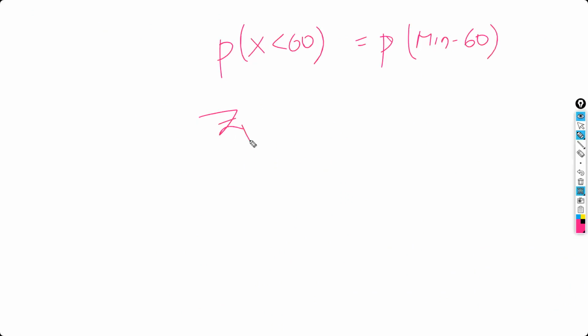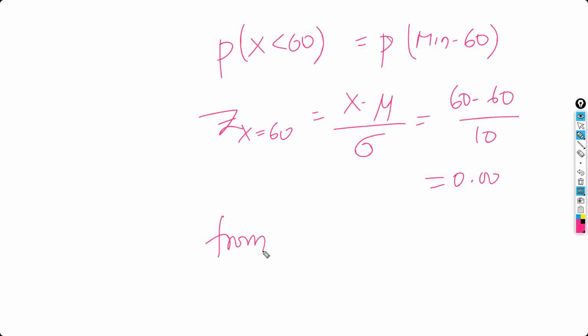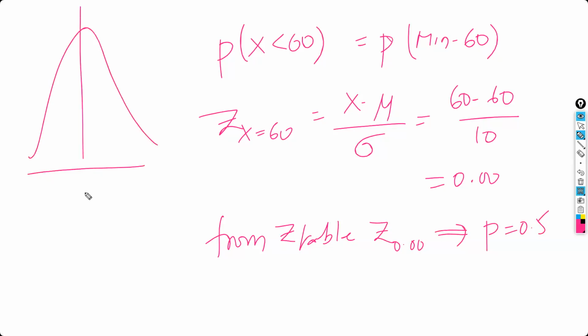First we calculate z at 60, which is x minus mu divided by sigma: 60 minus 60 divided by 10, which is 0 by 10, that is 0.00. From the z table, for z of 0.00, the corresponding p value is 0.5. So the answer for less than 60 is 50% of the data: 50% of the data on the left side, 50% on the right side.